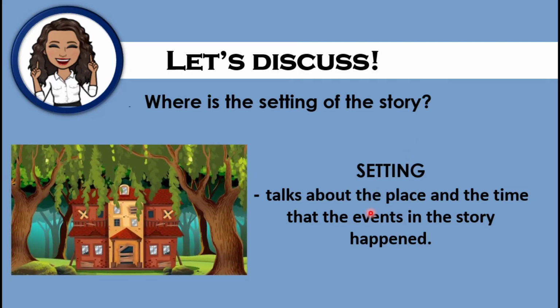If your answer for place is in a faraway land in the middle of the woods, then you are correct. How about for our time? When did the story take place? Very good. It happened a long time ago.